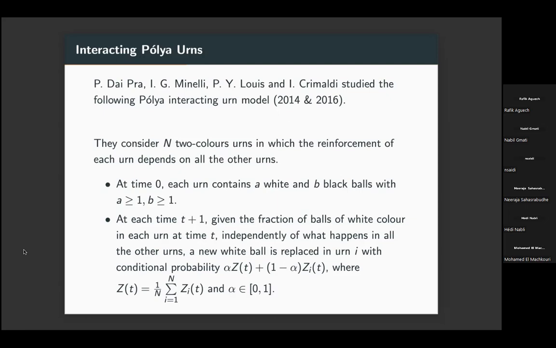And it is also looking at the overall fraction, or the average of the fraction of white balls across urns, which is this Z_t, just the average of the fraction of white balls in all the urns. So in some sense, each urn is looking at itself and also interacting with all the urns in the system. But we don't want to do this. This is like having everyone interact with everyone. So we don't want to do this.